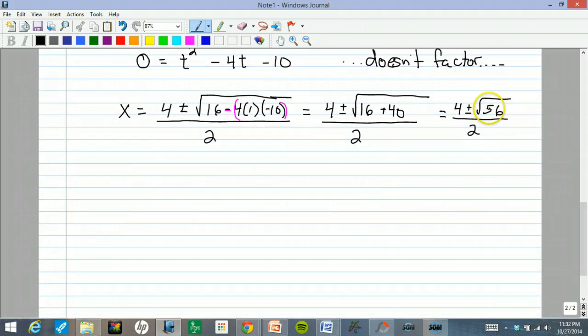Well, 4 times 10 is 40. 4 times 11 is 44. 4 times 12 is 48. 4 times 13 is 52. 4 times 14 is 56. Hey, it does. So 4 plus and minus the square root of 4 times 14 all over 2. Goodness gracious. 4 plus and minus the square root of 4 is 2, square root of 14, over 2.